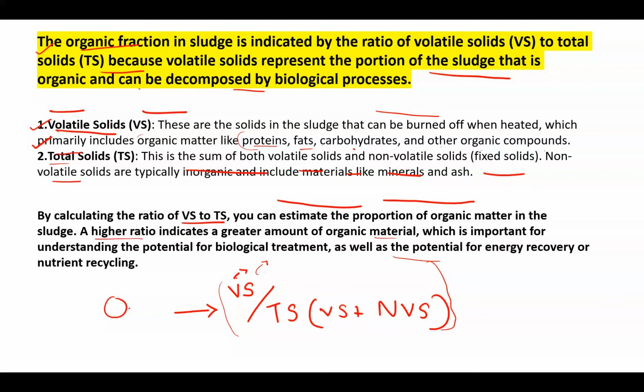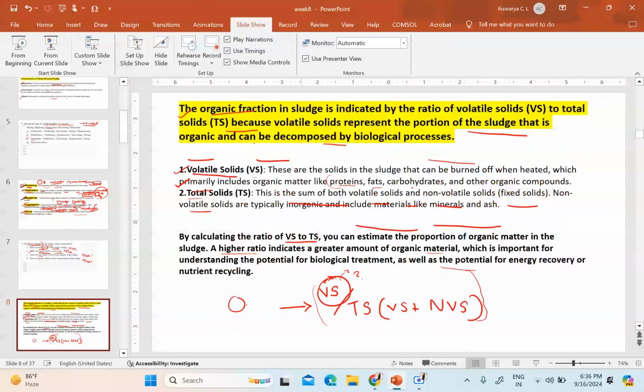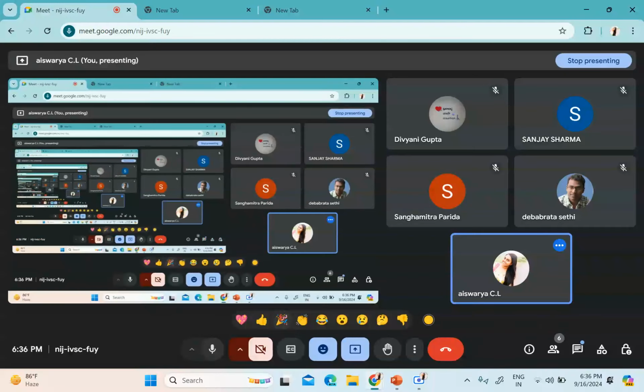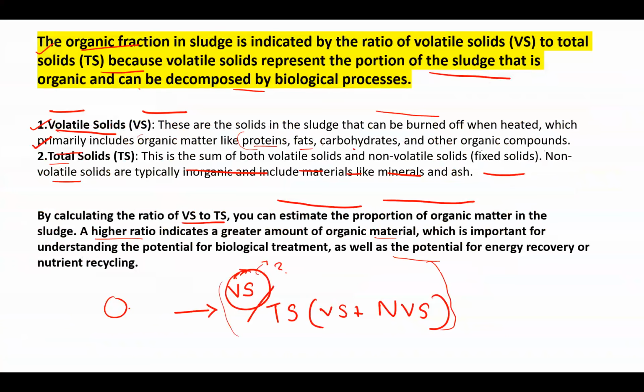What do you think, do we need more volatile solids in the sludge? Is it necessary? Anyone have any comment on this?